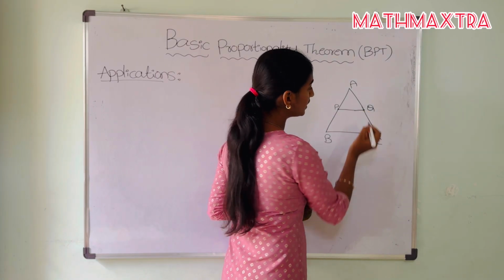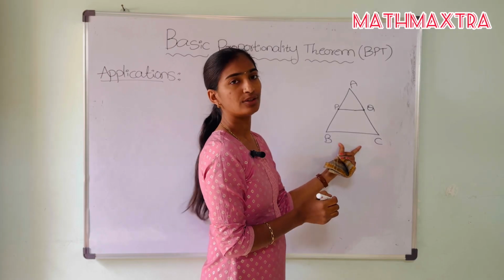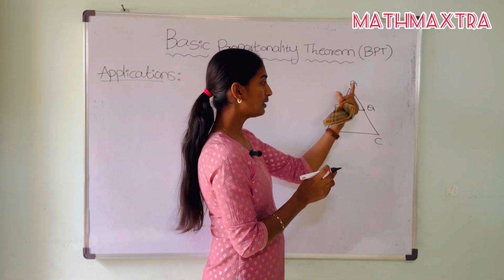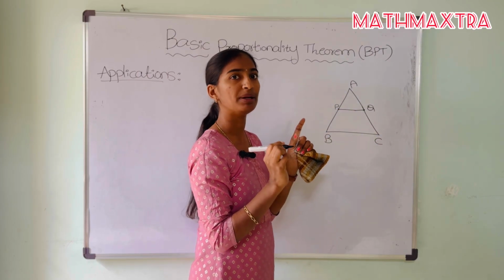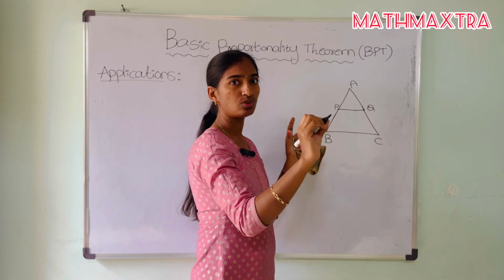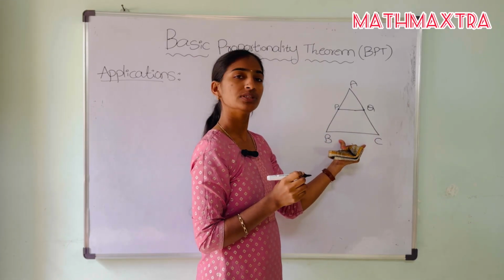Okay. If you join these midpoints, what happens? This PQ is parallel to BC. So whatever may be the lengths of these sides, you just locate the midpoint of the sides, then join those 2 points. That will always be parallel to the third side.